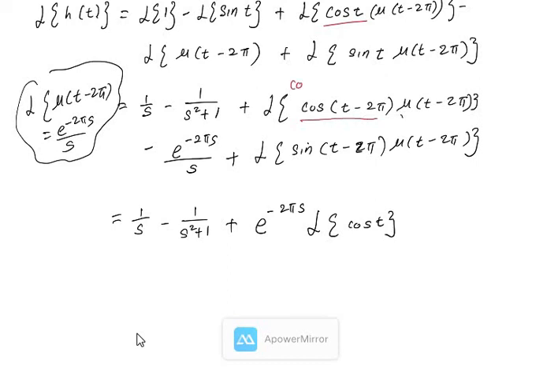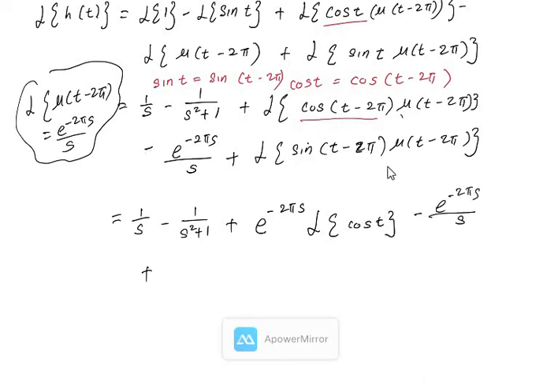This means that the cos t is equivalent to the cos t minus 2 pi. So that's why we don't have the plus or minus something. And whereas sine t is equal to sine t minus 2 pi. Okay, then we continue. After you obtain cos, then this one is minus exponent negative 2 pi s over s plus with this one. The last one is the exponent negative 2 pi s Laplace transform of the sine t. So this is the second shift theorems.